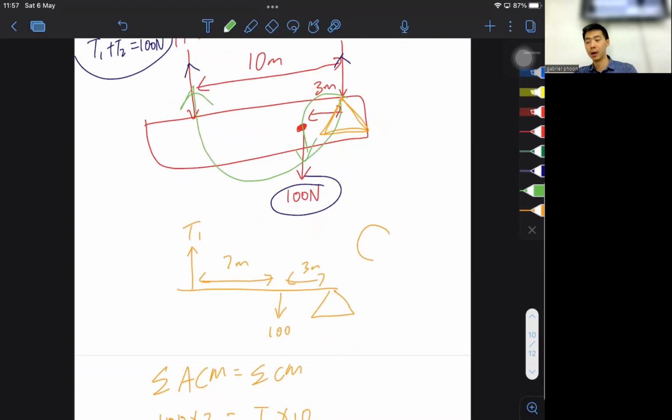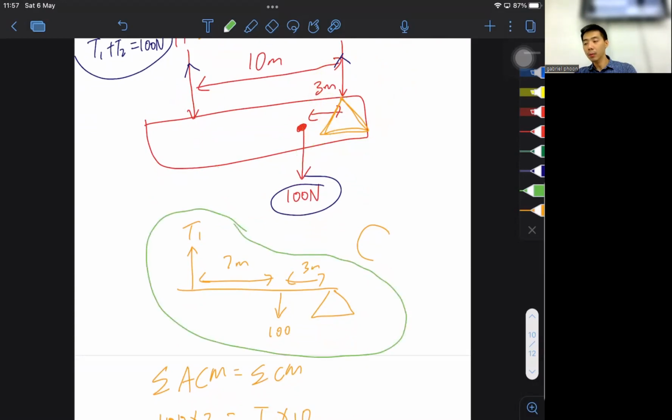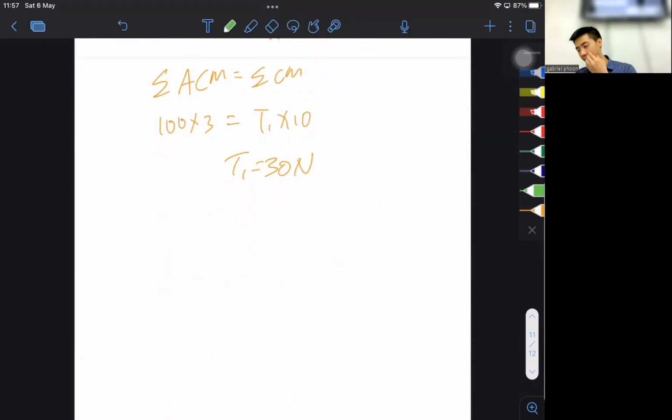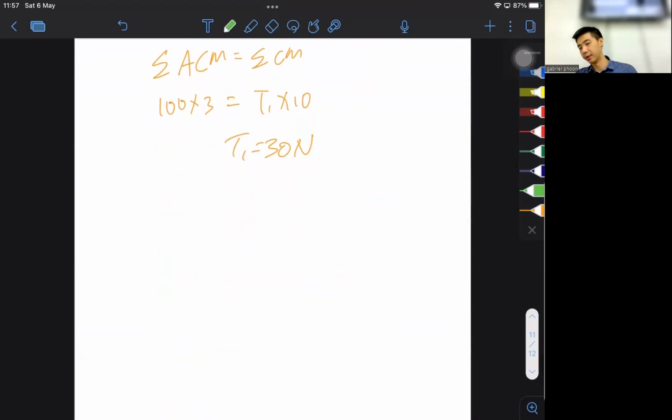You get what I mean now? Then from here it's basically simplified into this scenario only. Okay, good. This one you must know. If you can do this, then you'll be better than at least 50% of the people, if not 70.